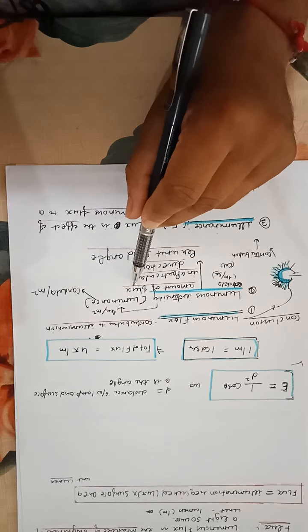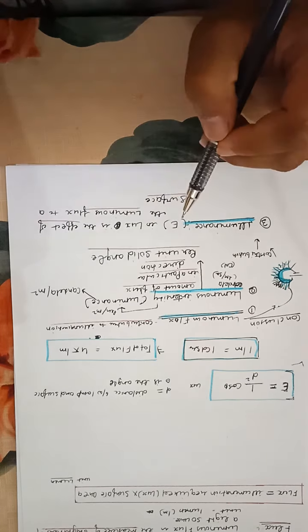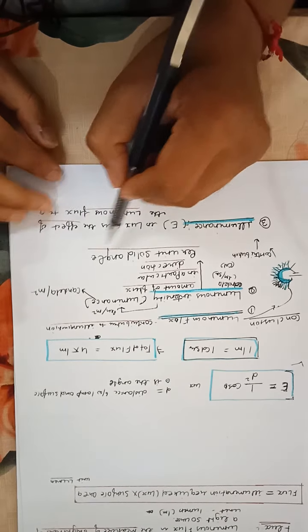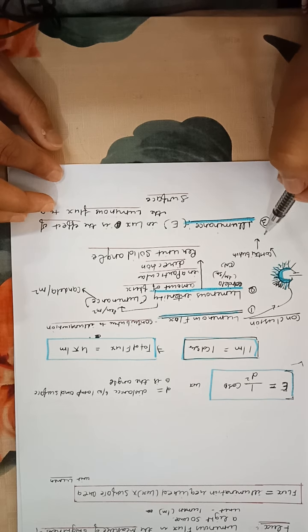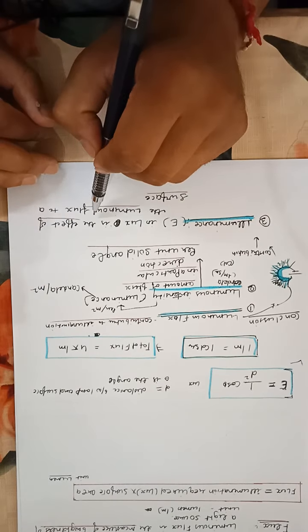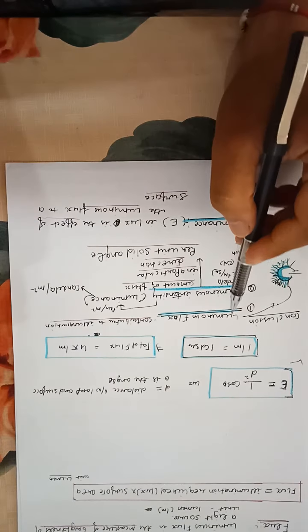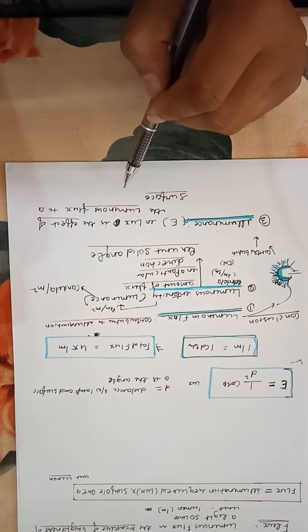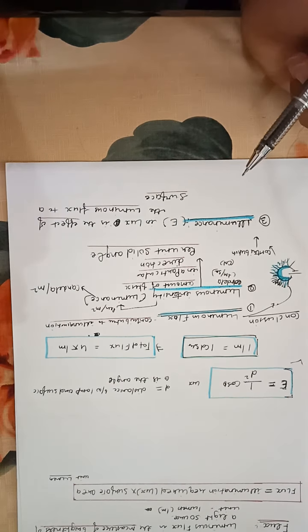So it is the amount of flux in a particular direction per unit solid angle. Whenever there is talk of angle, per unit solid angle, that is luminous intensity. Okay, and what is illuminance? Illuminance is lux and is the effect of the luminous flux on a surface. The effect of luminous flux on a surface is called illuminance.